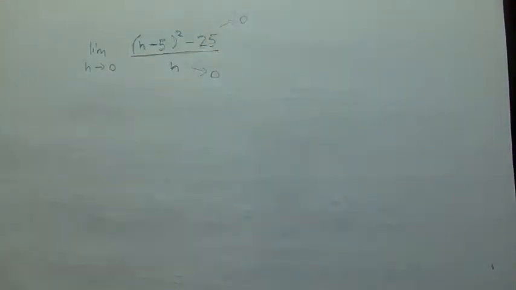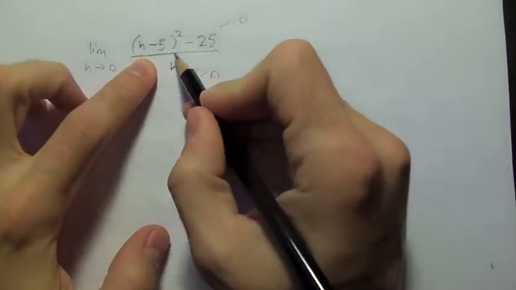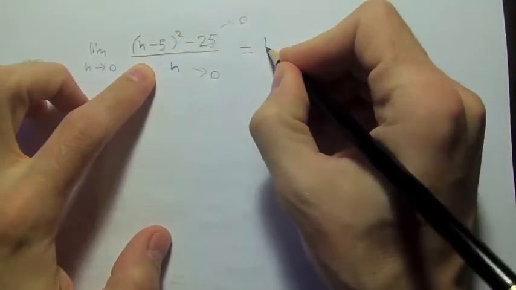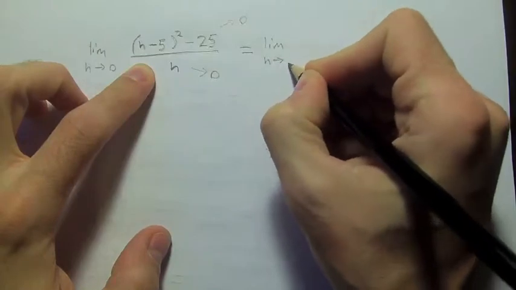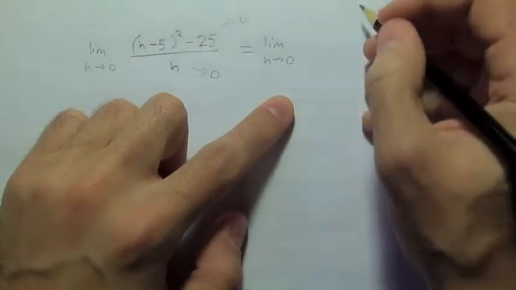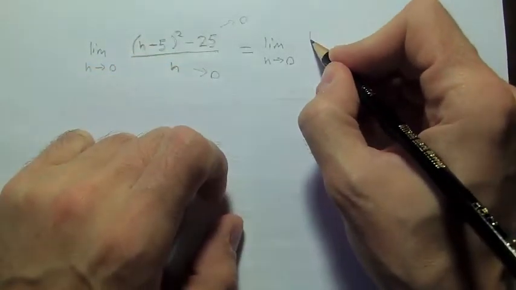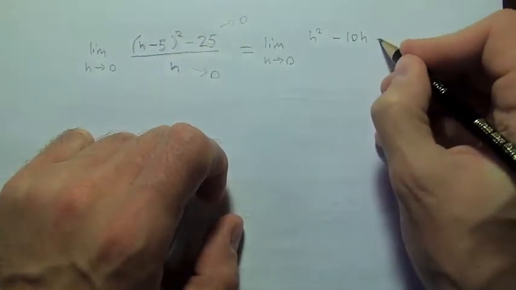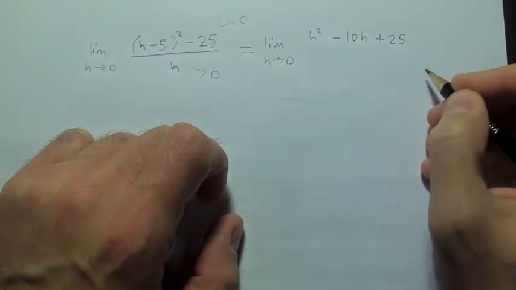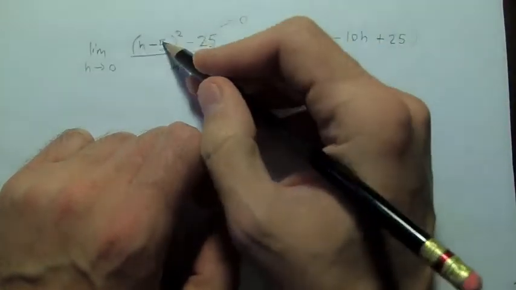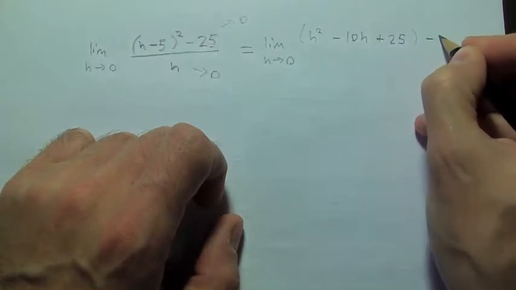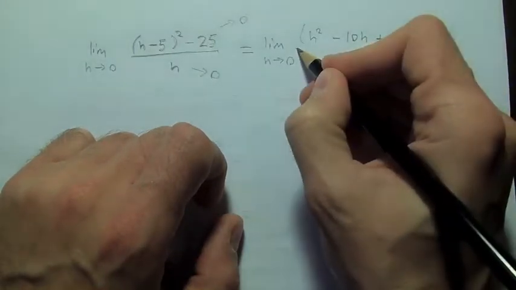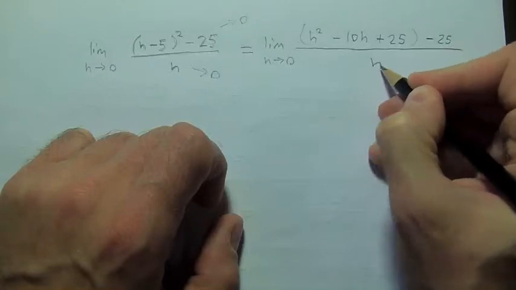But that's okay. Sometimes what you really have to do before you even get started is just simplify. Right? Let's just FOIL this thing out, so that I get the limit as h goes to 0 of, when I FOIL this out, h squared minus 10h plus 25, which is what was in parentheses here, then minus 25, all over h.